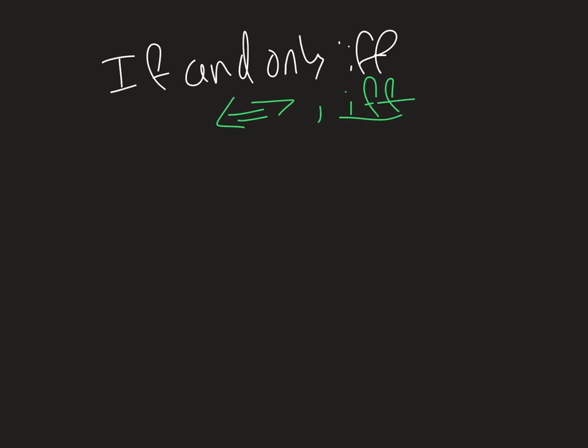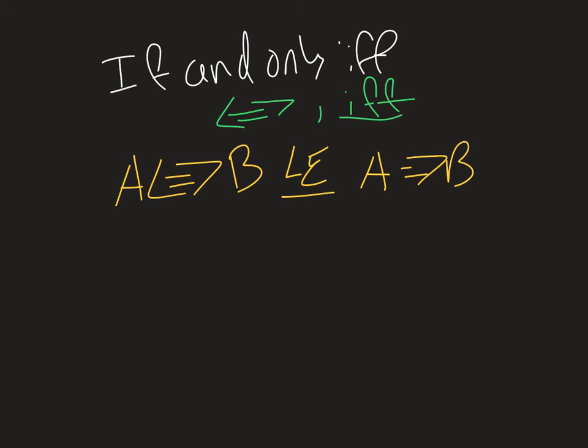What this means is that if we have A if and only if B, this is the same thing as A implies B and B also implies A. They go both ways, and it's something you see a lot with definitions.